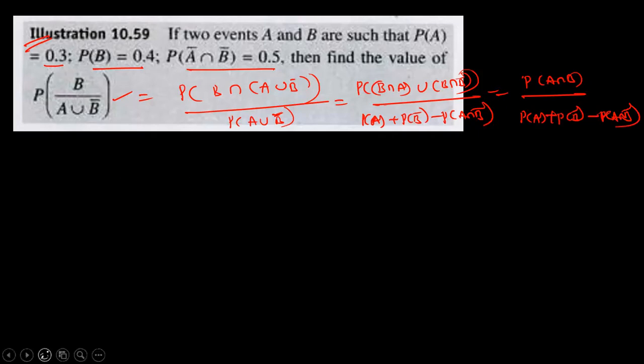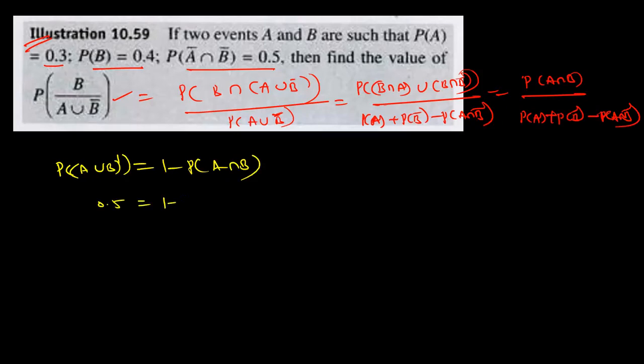How to find A intersection B? P of A union B whole dash. How much is given? 1 minus P of A union B. So 0.5 is equal to 1 minus P of A union B. So this is what here?